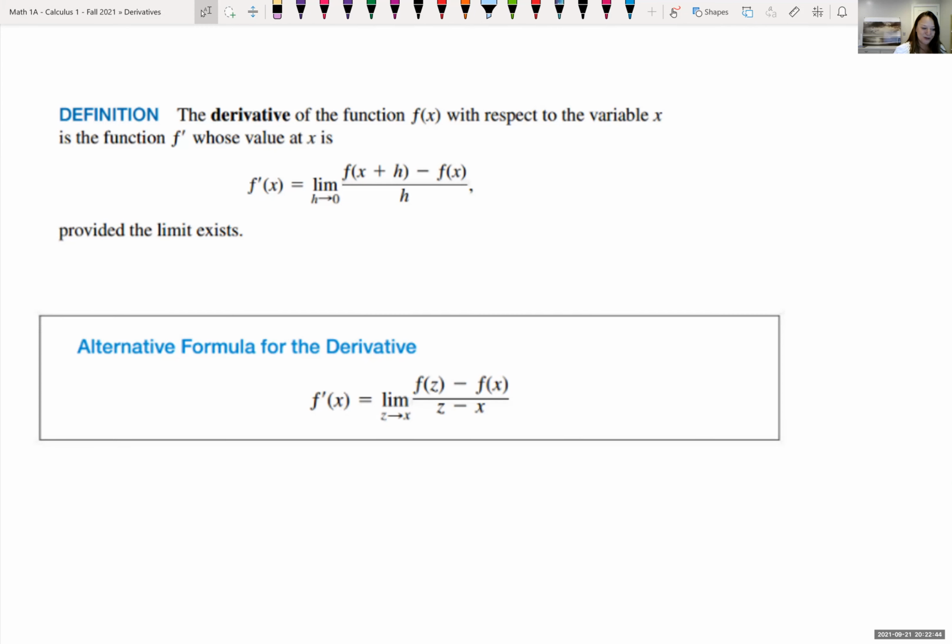Okay, so recall that we're looking at the derivative of a function f of x with respect to the variable x, which is the function f prime, whose value at x is given as follows. The derivative of f of x, which we could write as f prime of x, is equal to the limit as h approaches 0 of f of x plus h minus f of x all over h, provided that the limit exists.